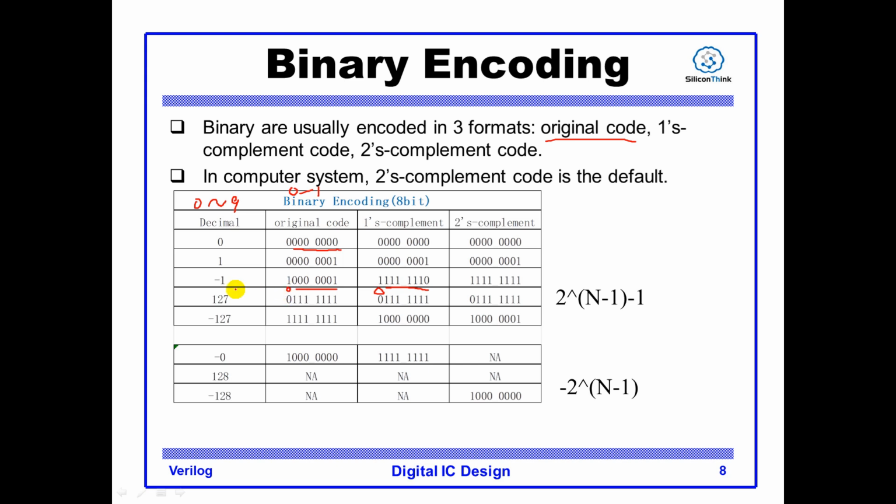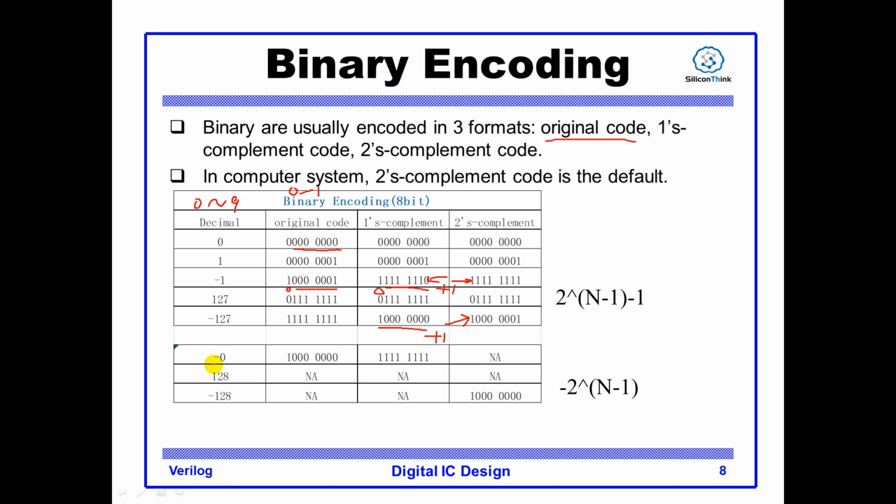So for -1, the encoding in 2's complement is: first you get the 1's complement and add 1 to it, which yields this value. And for -127, it's the same. You first get the 1's complement and add 1 to it, then it yields this value.